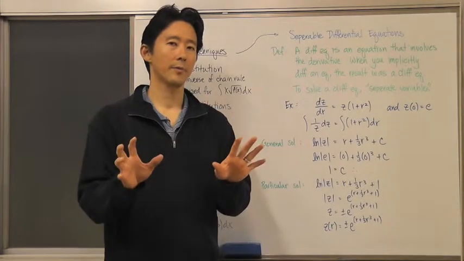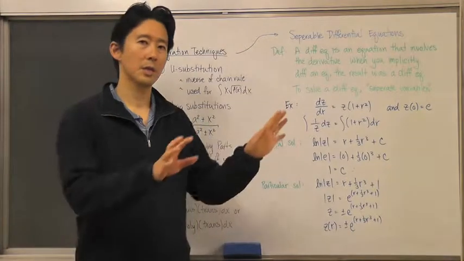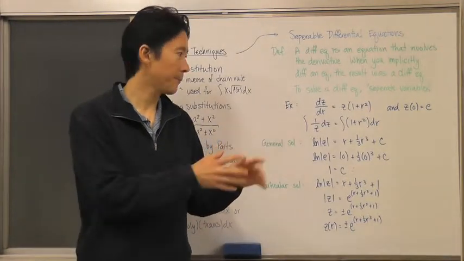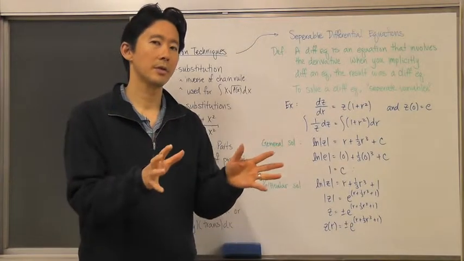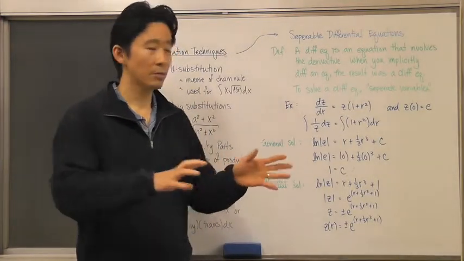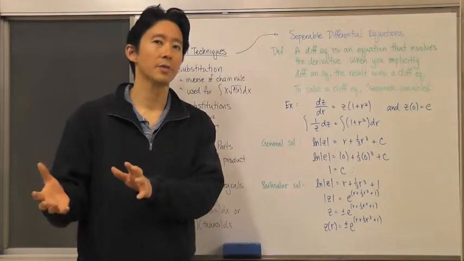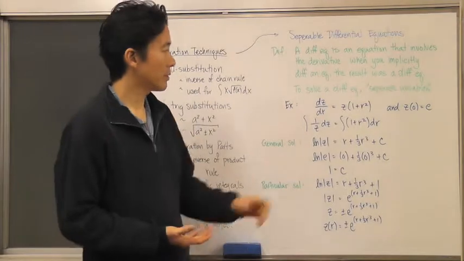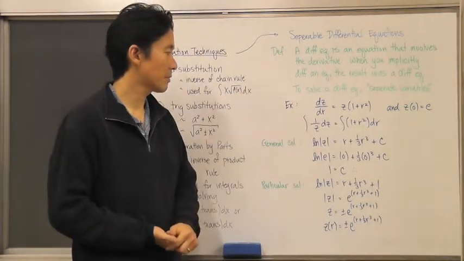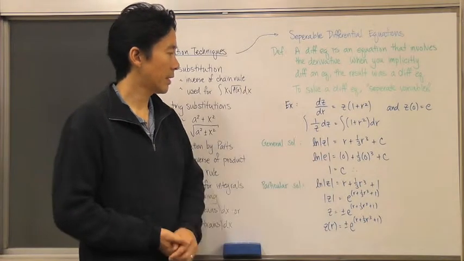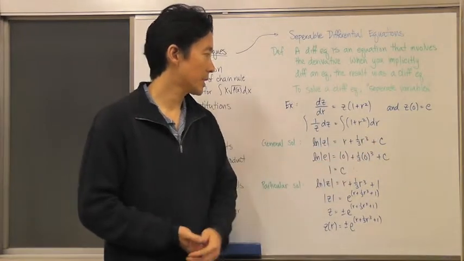Notice that we've taken all the z variables and associated them with the differential dz, and we've taken all of the r variables and constants and associated them with the differential dr on the other side. Then we can integrate both sides, and we come up with the natural log of the absolute value of z equals r plus 1/3 r cubed plus c.